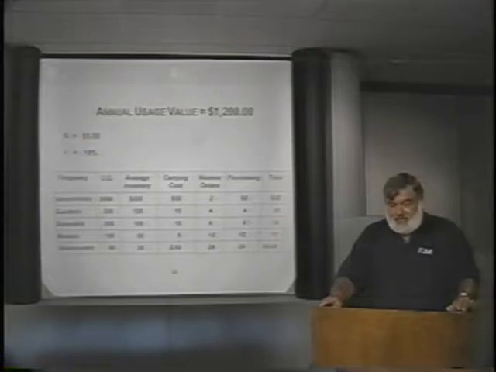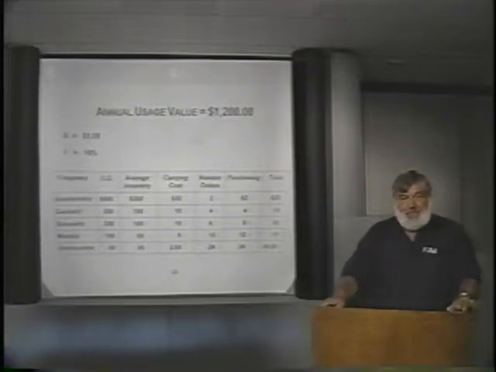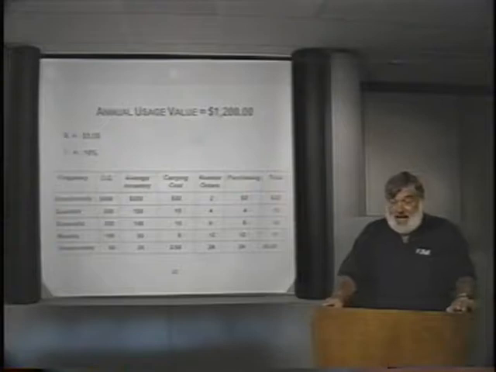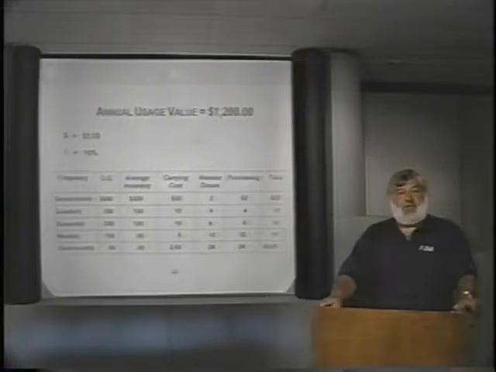So $30 of carrying cost for the first item plus $2 of purchasing cost is $32, and that's how that right-hand column is derived.